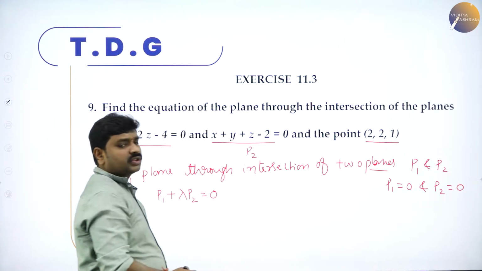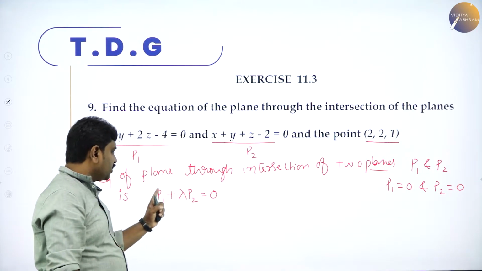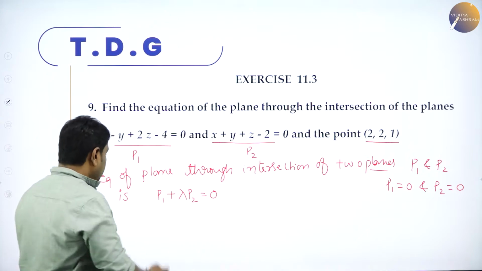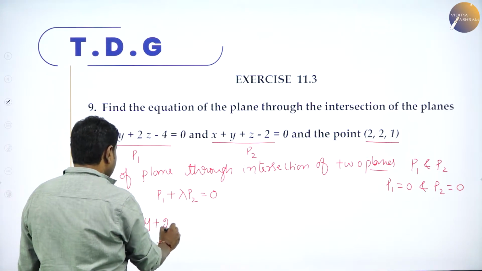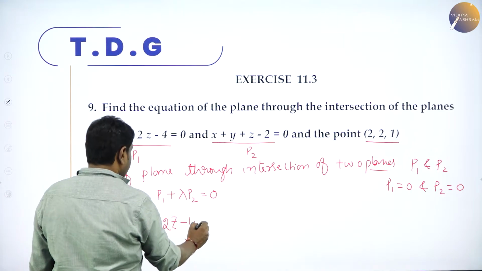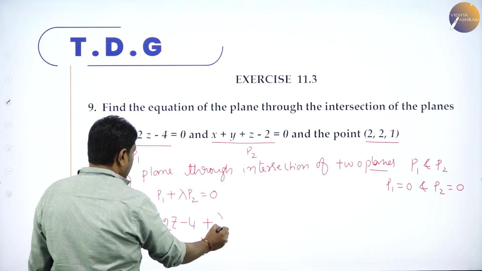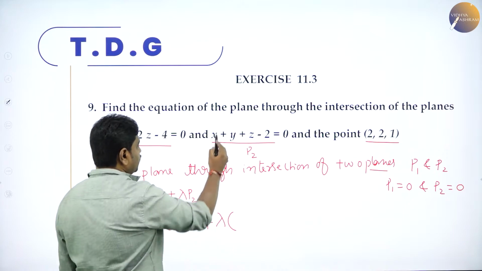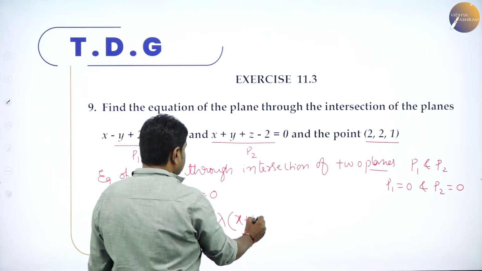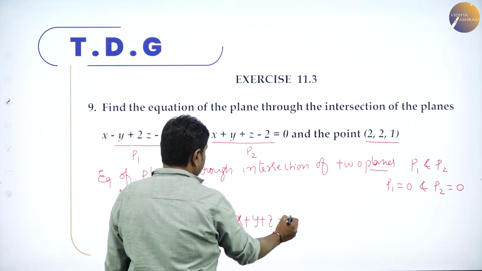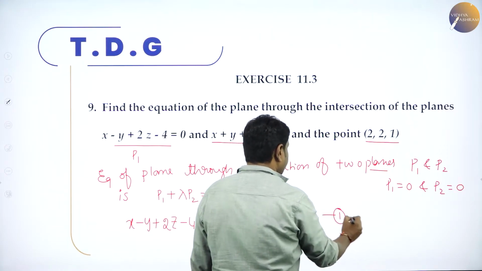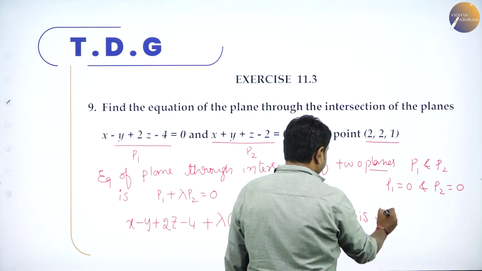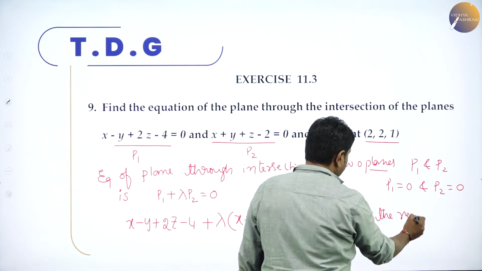So the equation is x minus y plus 2z minus 4 plus lambda times the second plane, x plus y plus z minus 2 equal to 0. Call it equation 1, the required plane equation.